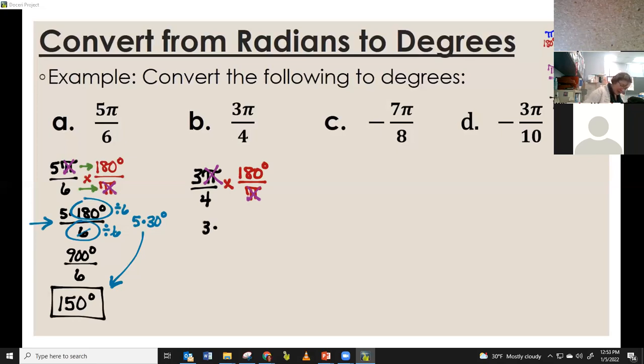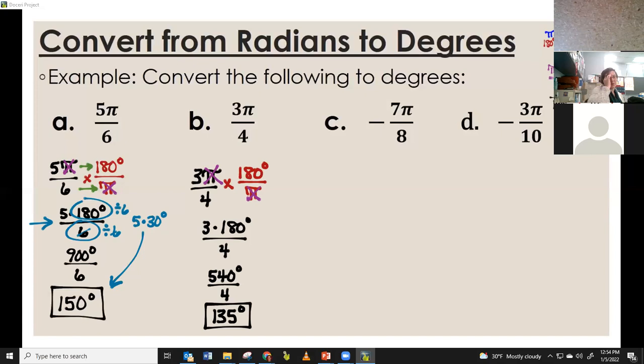So then I'm going to multiply the 3 and the 180 degrees, and we will divide that by 4. 3 times 180, I want to say is 540. Yeah. So 540 divided by 4, and that should give you 135 degrees.